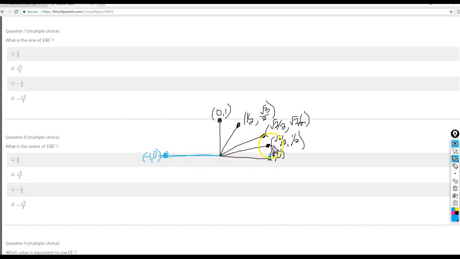And similarly, if I wanted to reflect this point over here, which would be at 150, because this is 30 degrees, and if I were to reflect it, this reference angle would still be 30, so I took 30 from 180. But since now we're going to the left, the coordinates would be negative square root of 3/2, 1/2.